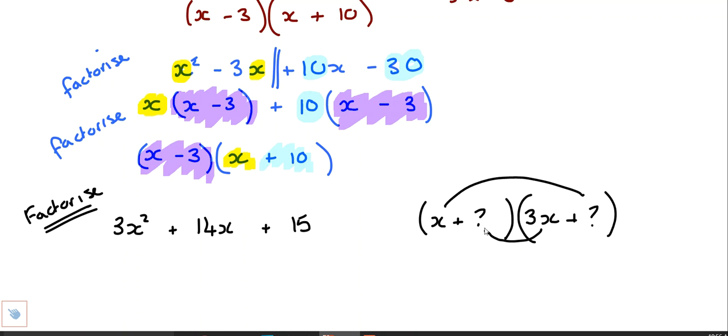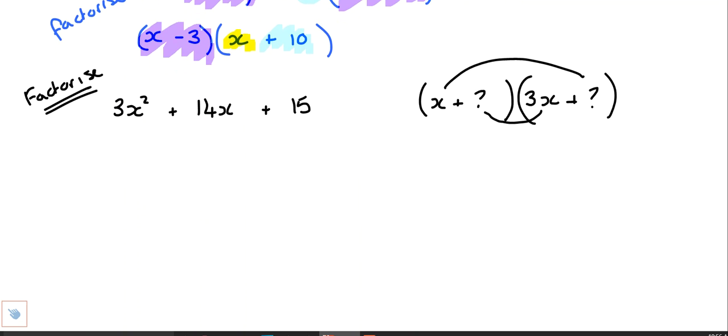So we haven't got the situation where we can just add the two together anymore. So I'm no longer looking for a situation where they multiply to make 15 and add to make 14. Because I'm sure you've noticed that that won't work, will it? I can't multiply to make 15 and add to make 14. It doesn't work.